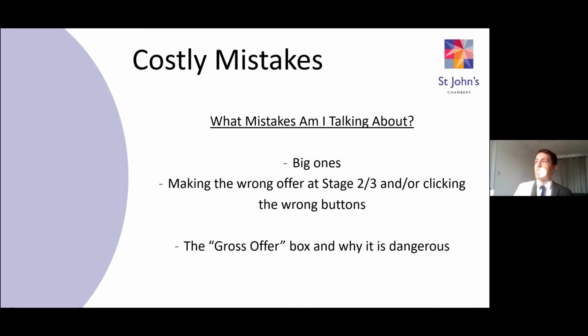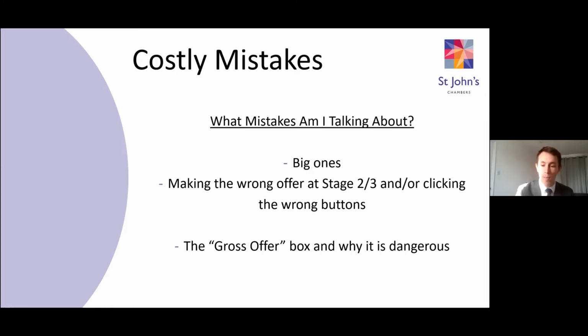I will take it as read from here that a gross offer can be made, and we will see judges have found it can be made as an independent offer, independent of simply adding up the other heads of loss that are being claimed thus far.